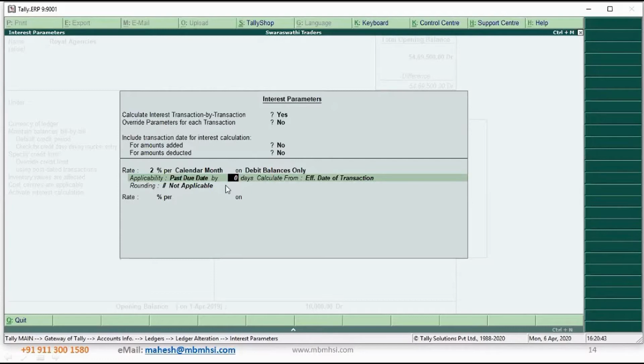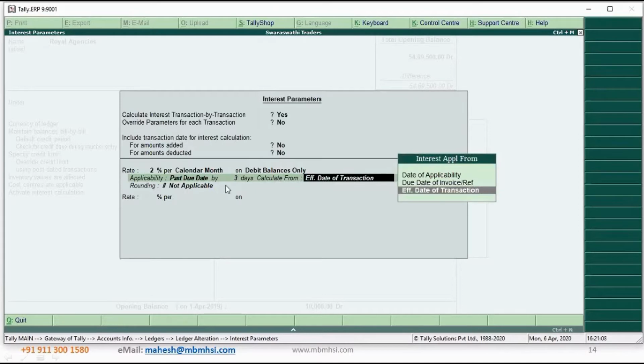So they might not be able to pay on or before the due date. So before you start calculating the interest, is there any grace days that you want to allow? You could update that here, by how many days. For example, I'm just giving 3 grace days.